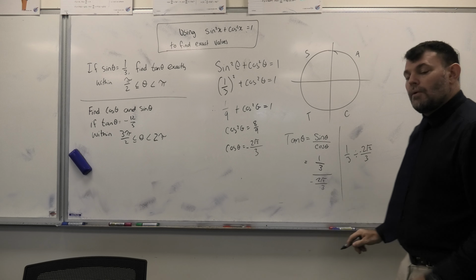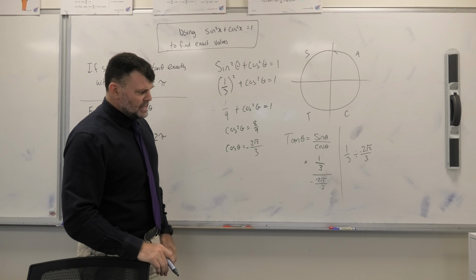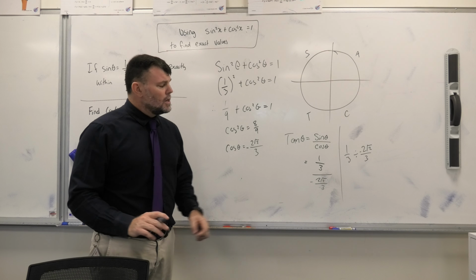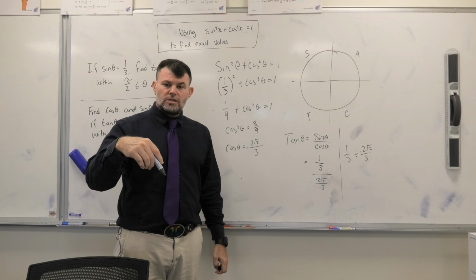Now, when you started learning about fractions way back in year 6 or 7, we learned a rule that when we divide fractions, we find the reciprocal of the second fraction and then multiply it. So we're going to be doing the same kind of thing here. This is the same as doing 1/3 times 3 on 2 root 2.